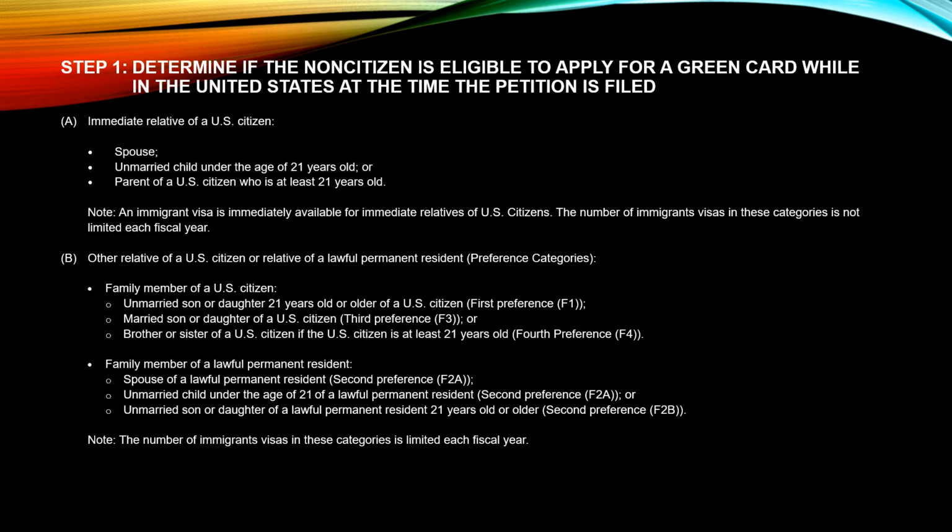In order for a lawful permanent resident to apply for a family member, the individual has to be the spouse of a lawful permanent resident, the unmarried child under the age of 21 of a lawful permanent resident, or the unmarried son or daughter of a lawful permanent resident 21 years old or older.